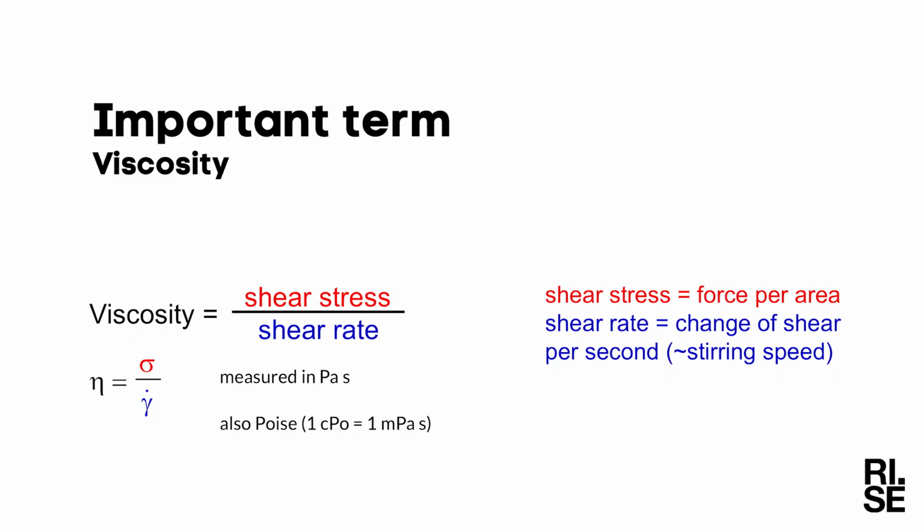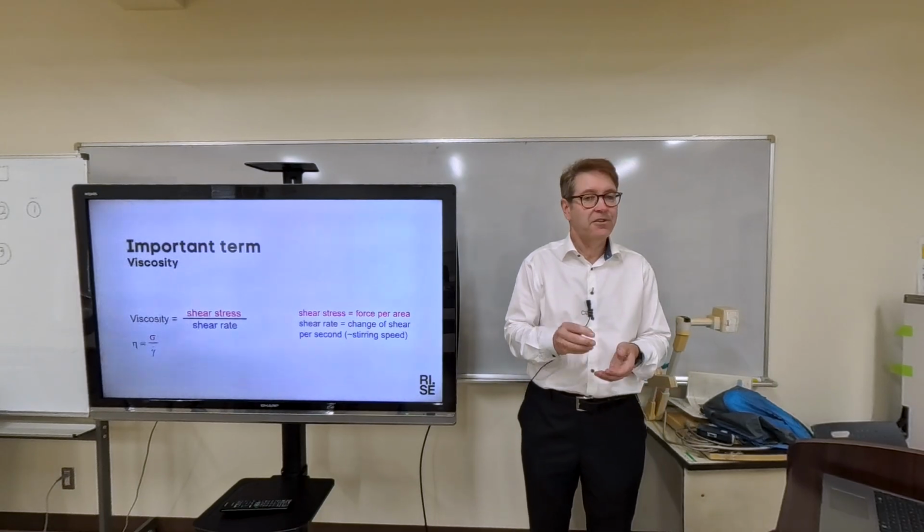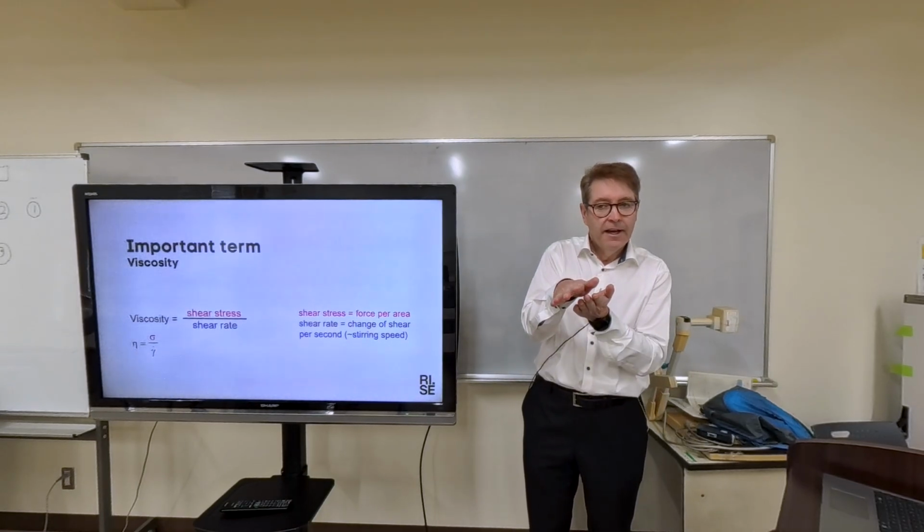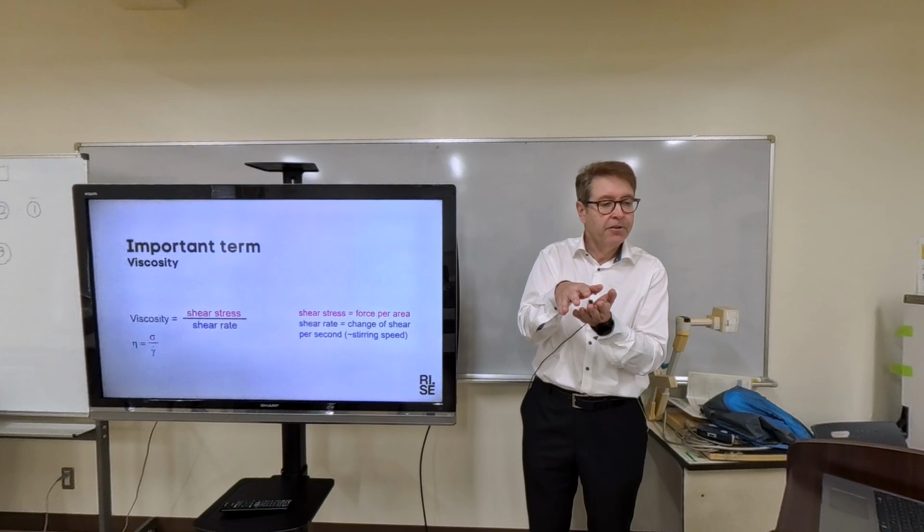So the first important term is viscosity. Viscosity describes how thick something is. High viscosity, it's a thick fluid. Low viscosity is like water. And you get it by, this will be one of the few equations. Shear stress, you measure this force, and then you divide it by the area, because then you can apply it to which area you want.